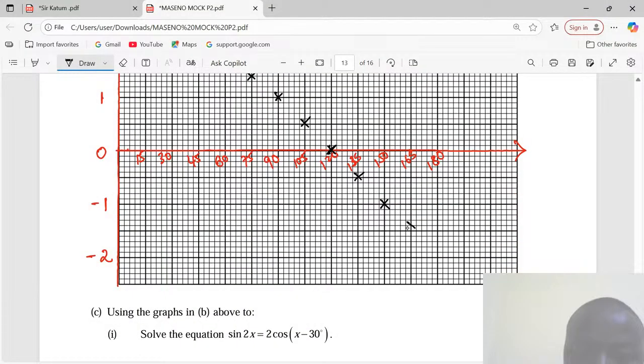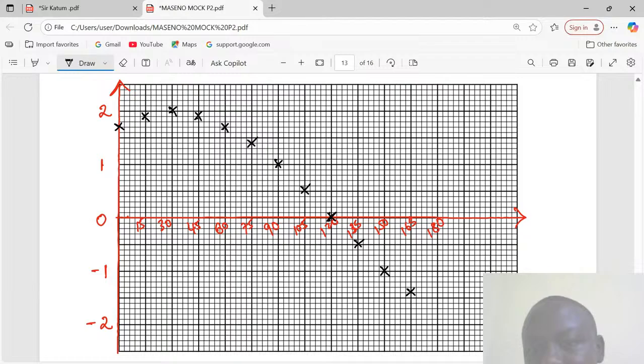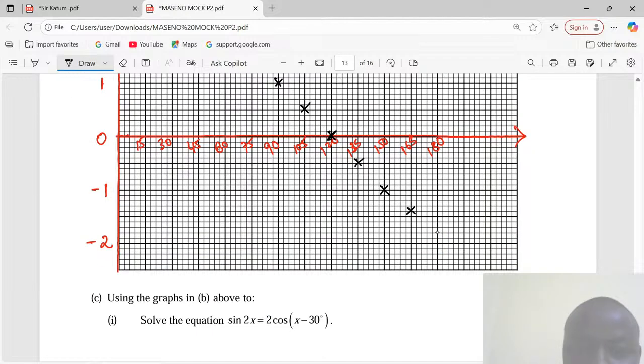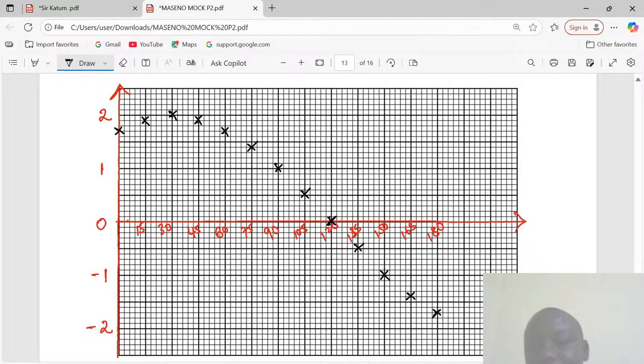And at 180 we will talk about negative 1.7. Yeah, that way. So we have everything plotted. Ours is now to join so that we come up with the curve. So I join using a very smooth curve.